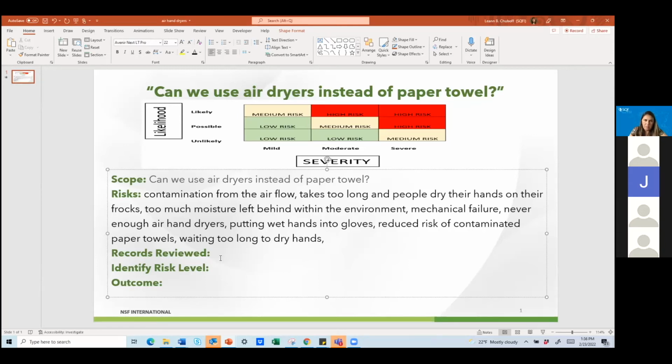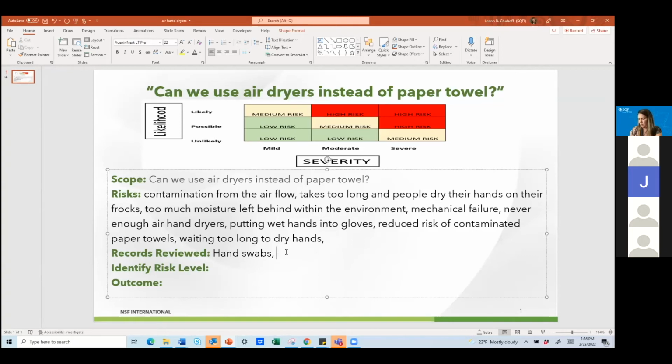Okay, so let's take a look at some records we would want to review. What would be some of the records we would want to review that would support what direction we're going to go in? How about hand swabbing? Hand swabs? Yeah, for sure. GMP records to see if anyone's been seen not washing their hands regularly.